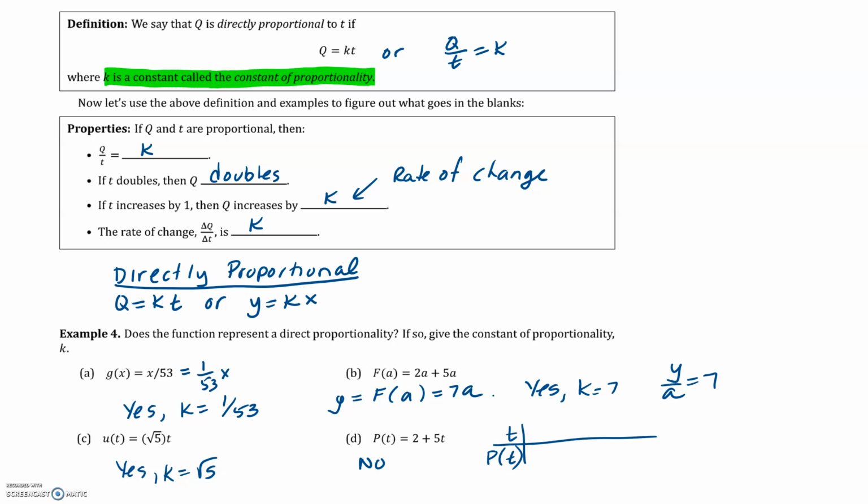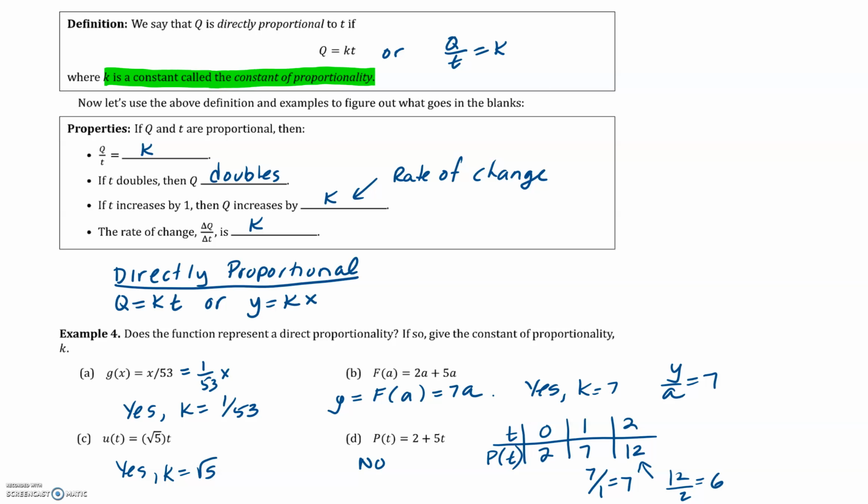If we try D, for instance, 0 would be 2. 1, if you plug a 1 there, you would get 7. And 2 would be 12. So here, 12 over 2 is 6. And over here, 7 over 1 is 7. That doesn't make sense. They are different.